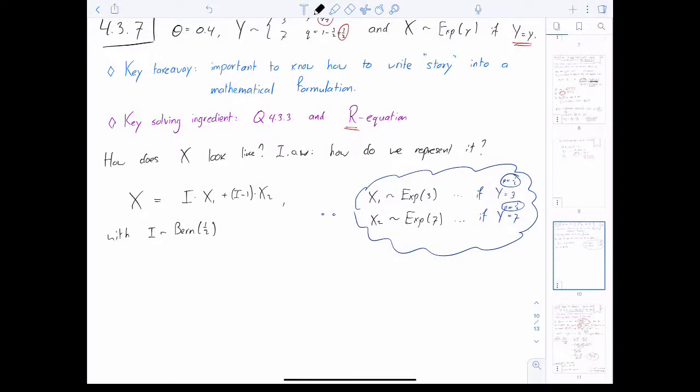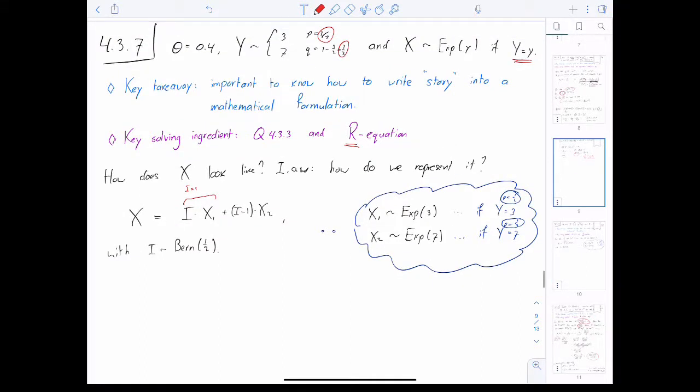And then we see that indeed if this Bernoulli random variable equals 1, then this one happens. Then Y takes the value 3, with probability 1/2, and X1 is equal to the exponential distribution.